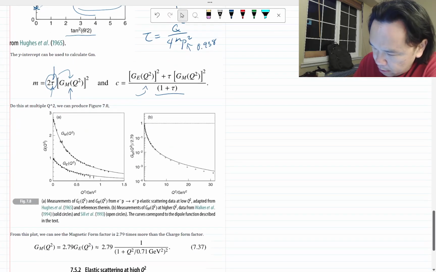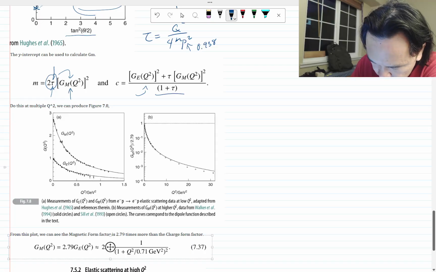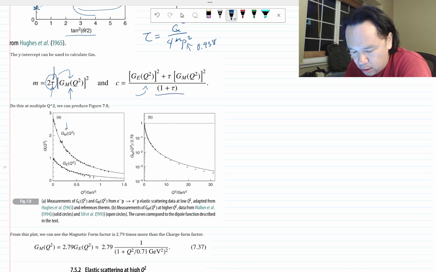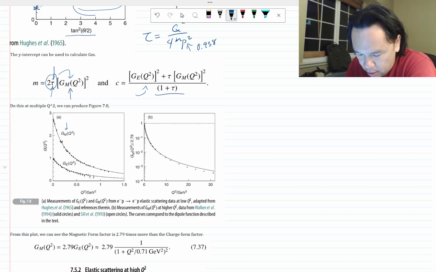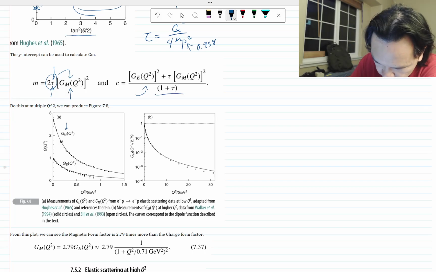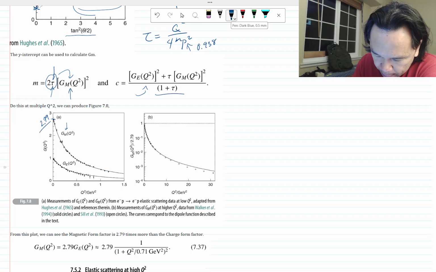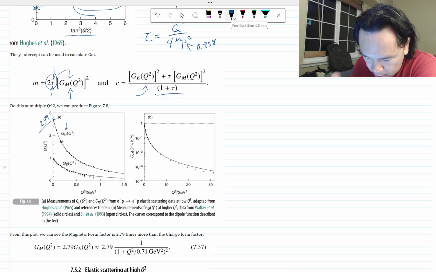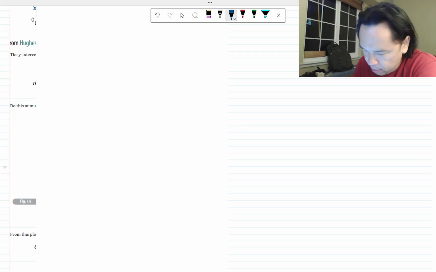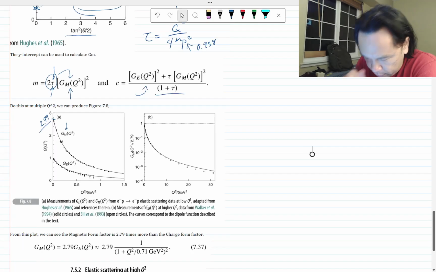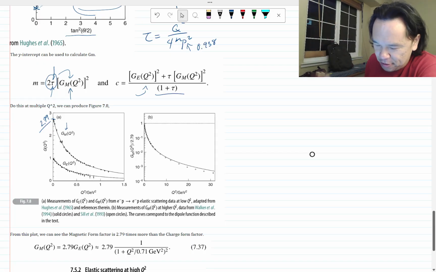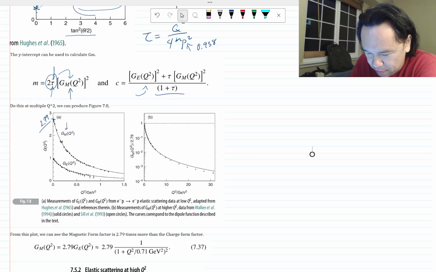And what you can do is then use that to plot GM as a function of Q squared, which will turn out to be this function here. And this is going to land exactly at 2.79, and this is how this anomalous magnetic moment is measured to be 2.79. There are more digits to it, but it is 2.79.